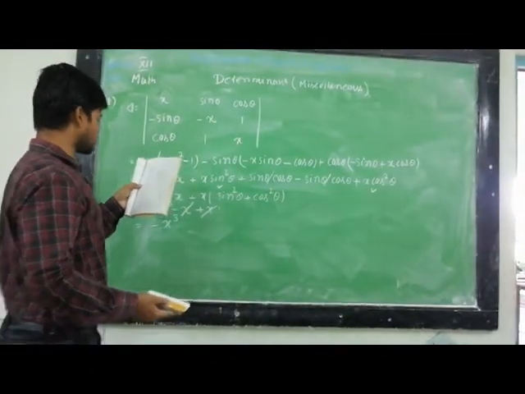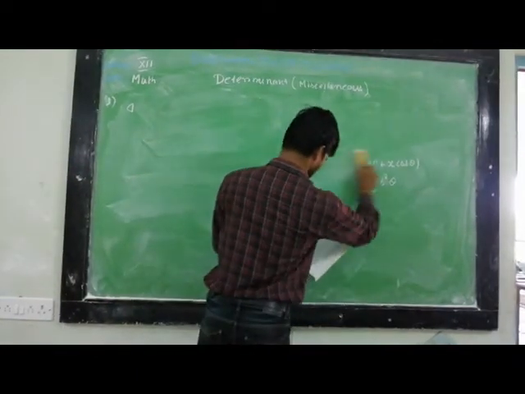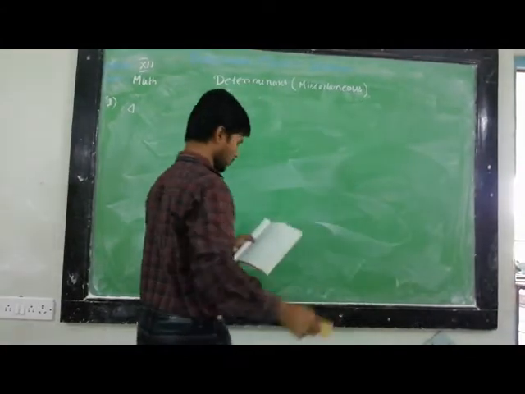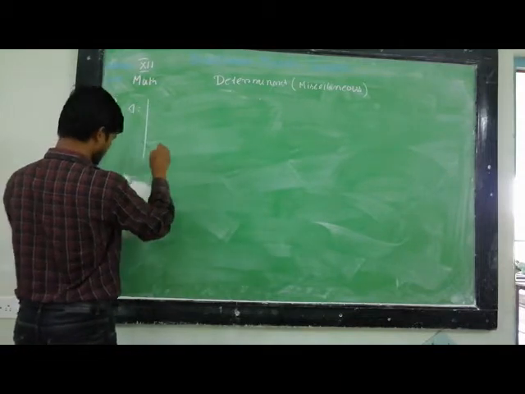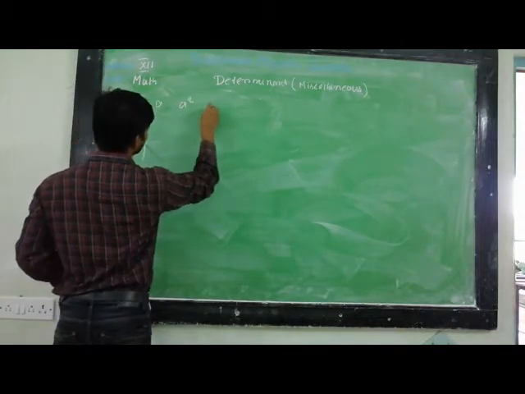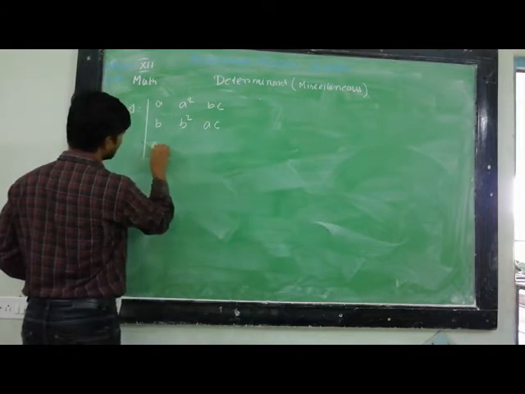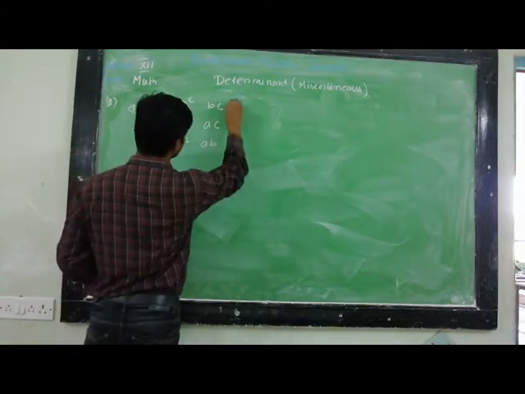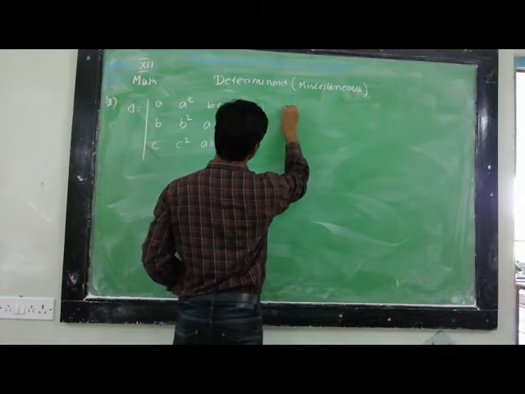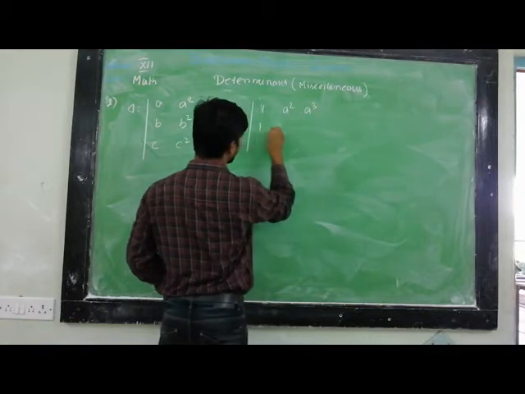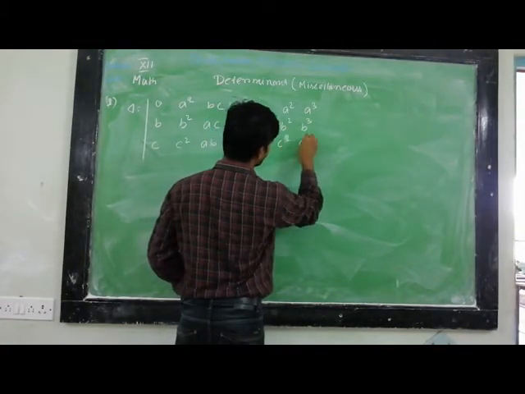Question number 2. Without expanding, prove that this given determinant, with rows 1, a, a cube; 1, b, b cube; 1, c, c cube, is equal to the determinant with rows 1, a square, a cube; 1, b square, b cube; 1, c square, c cube.